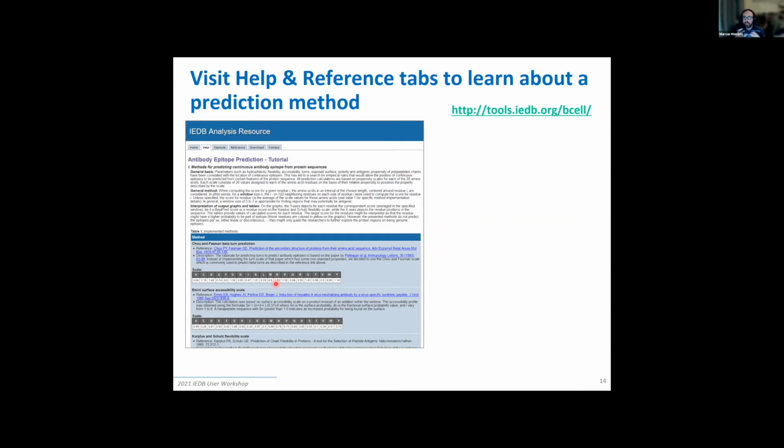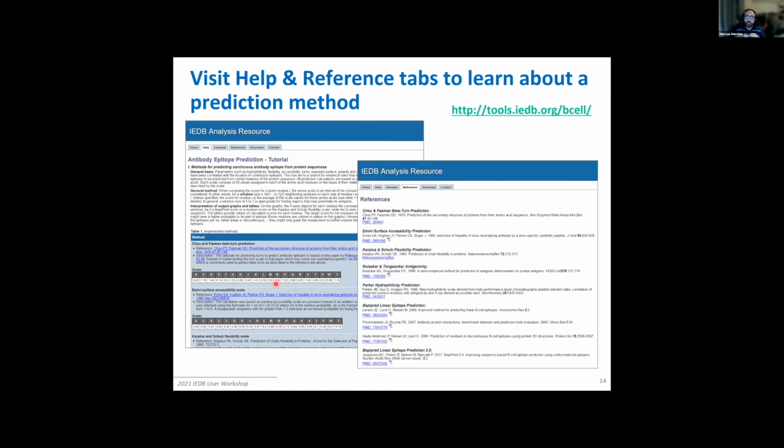Say I have this kind of protein and I don't know which method I need to use, so I take a look at this. It's very useful. Also, if you want to know more about a specific method, you can read the article. You can click these blue links over here and open this reference tab. Here you have all the papers describing that method, which is always good to read. It's always interesting to learn about that.